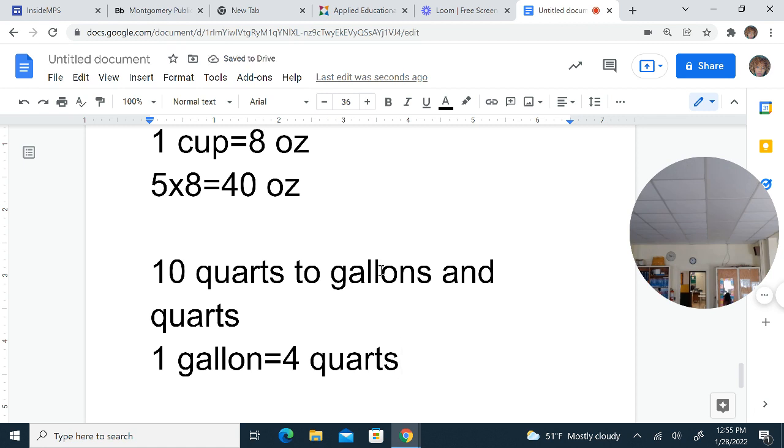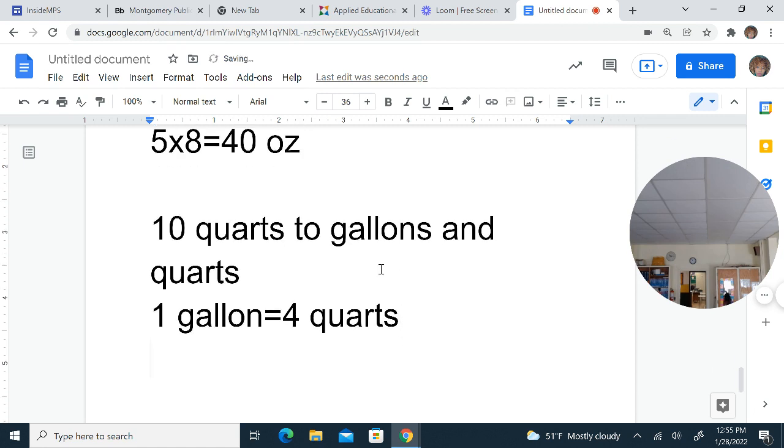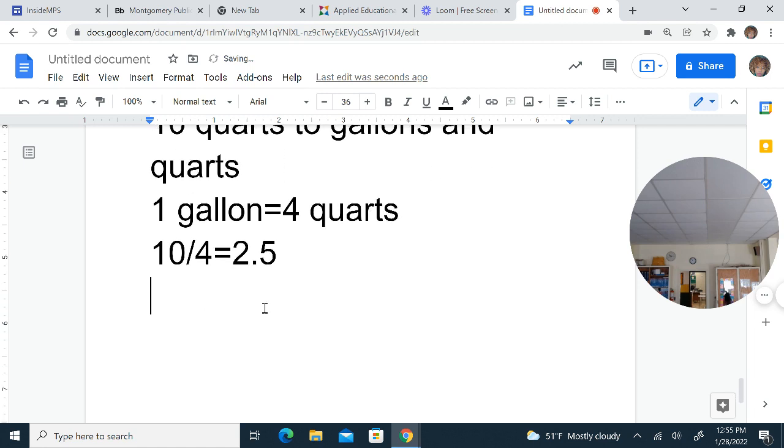Okay. So what's the first step? So we got 10 divided by 4, which equals 2.5. So that's 2 gallons.